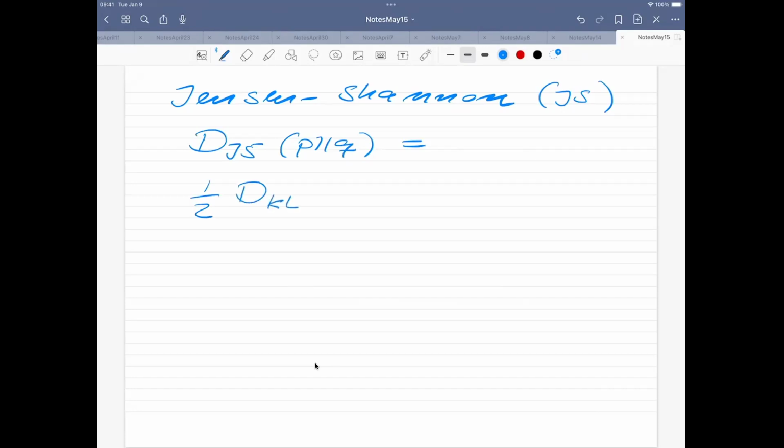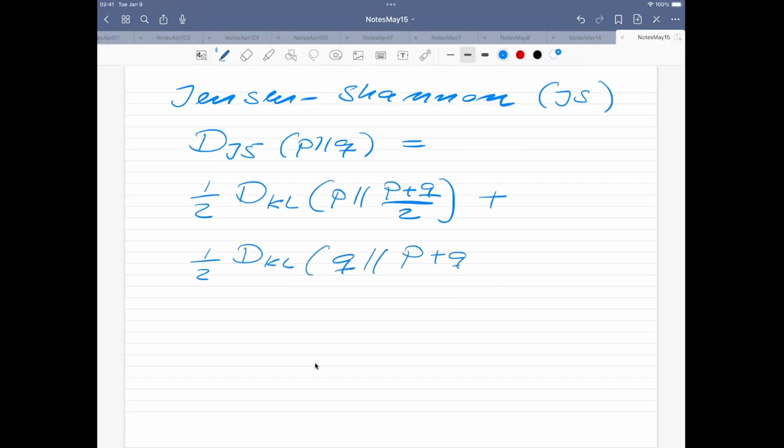But that's given by the Kullback-Leibler divergence of P and (P plus Q) divided by 2, plus 1/2 of the Kullback-Leibler divergence of Q and (P plus Q) over 2. And you see that this is now symmetric with respect to P and Q. If you take the Kullback-Leibler divergence as it stands, it's not symmetric.